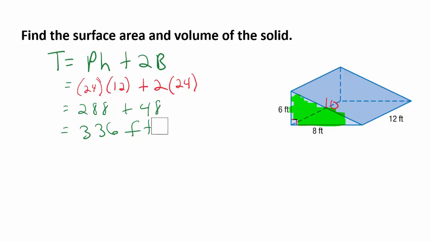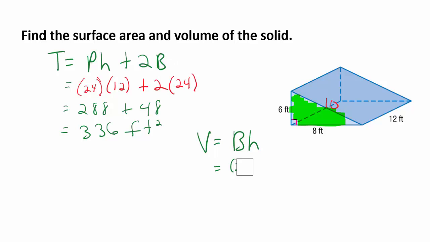Again, area is squared. Okay, volume, as you'll see, is going to be a little simpler just because we have some of the numbers that we need already. Our volume is going to be base times height, the area of the base times the height, because it is just a prism. So what's our area of the base? We just found that up here.